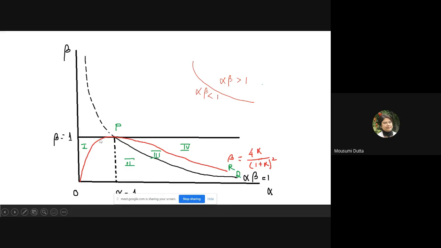In zone 1, alpha beta is less than 1 and beta greater than 4 alpha by 1 plus alpha whole square. So this entire zone, when alpha beta less than 1, I am dividing into two parts, 1 and 2. In zone 1, alpha beta less than 1 and simultaneously beta greater than 4 alpha by 1 plus alpha whole square. Whereas in zone 2, alpha beta less than 1.